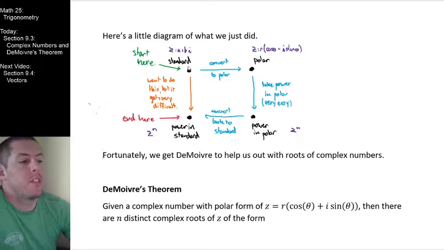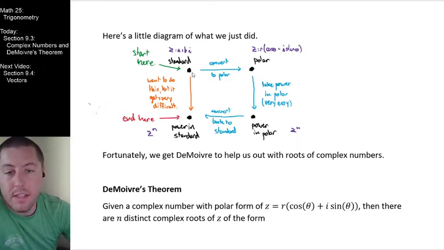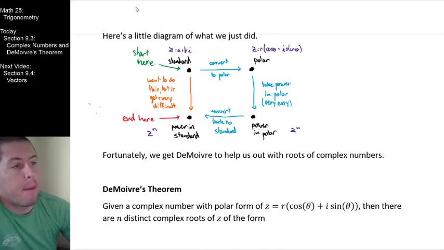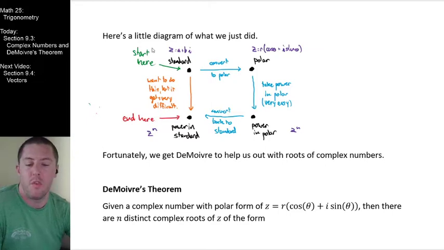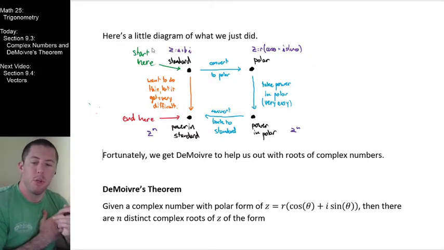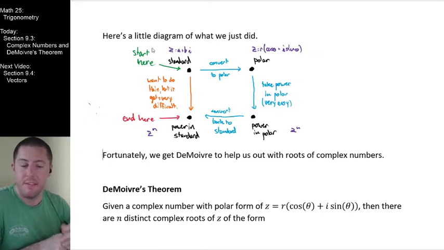So we're starting at this dot, and we want to just go directly to this dot, but it's really hard to do this directly. So instead, what our path was is take our standard form number, convert it to polar, apply the power in polar, which is super easy, and then convert back to standard. And all three of these steps collectively often end up being much, much simpler than attempting to directly take that power if we're just hanging out in standard form. So the blue path is easier than the orange path, even though it's 3 steps.